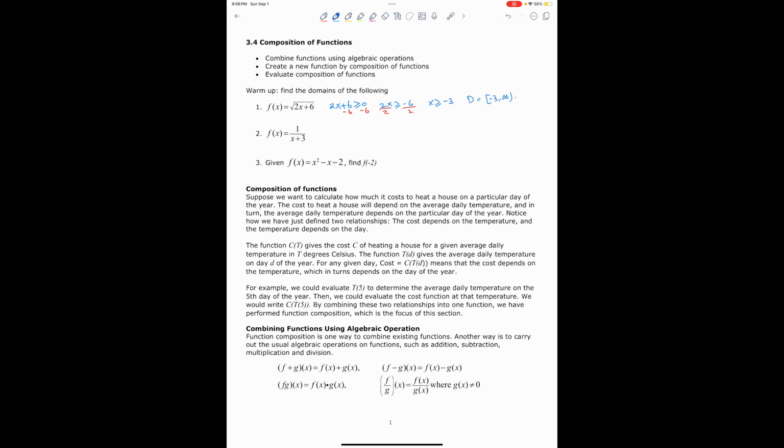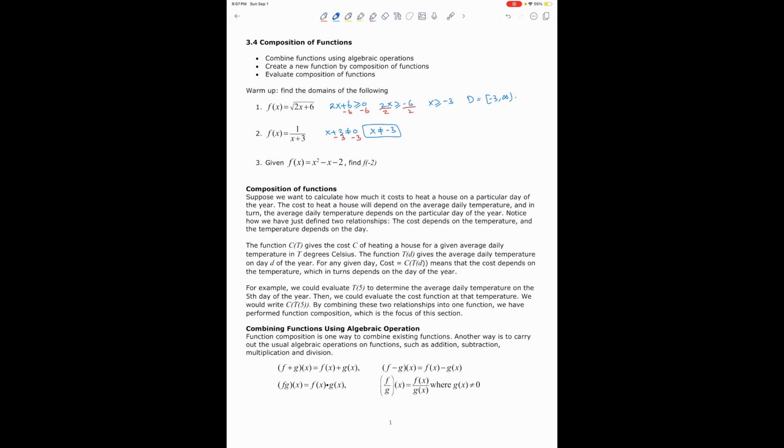We're going to find the domain of the function f of x equals 1 over x plus 3. So in order to find the domain, when you have a denominator, you're going to set the denominator not equal to 0 and solve, and then eliminate that point from your domain. So in this case, we're going to subtract 3 from both sides of the equation. You will end up with x is not equal to negative 3, which means we need to eliminate that from our domain.